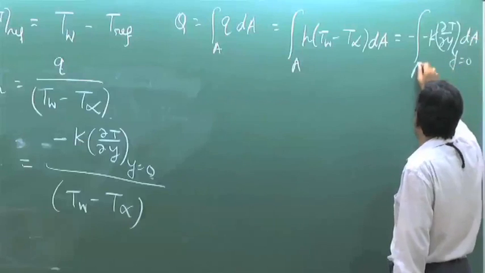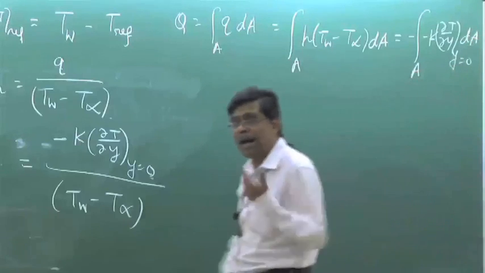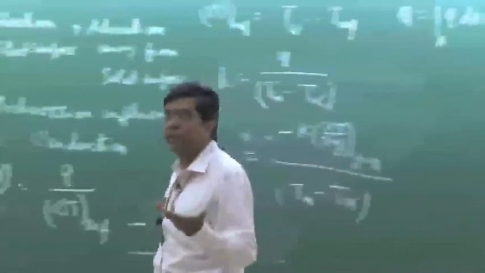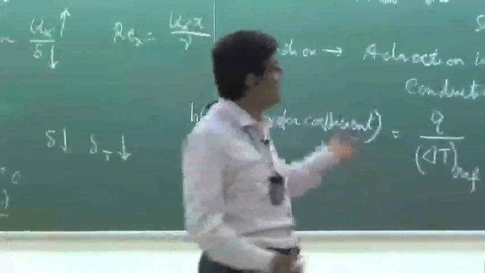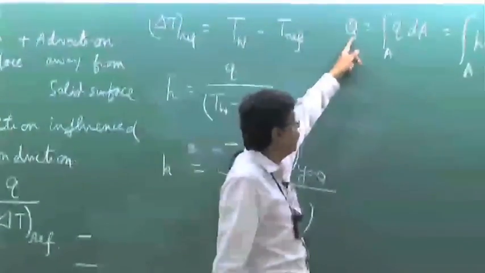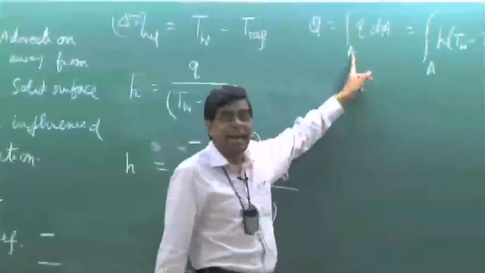This is very simple because I know per unit area and then I have to integrate with the area. Now final integration will depend on how the area varies. That becomes the problem of mathematics. So this is the total heat transfer from a finite area A.